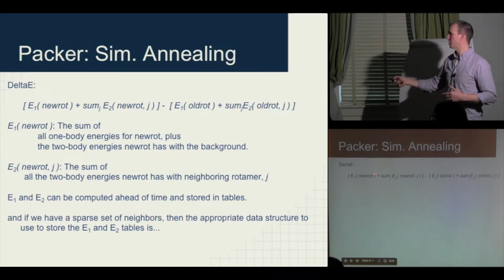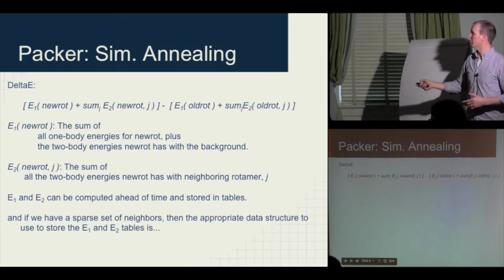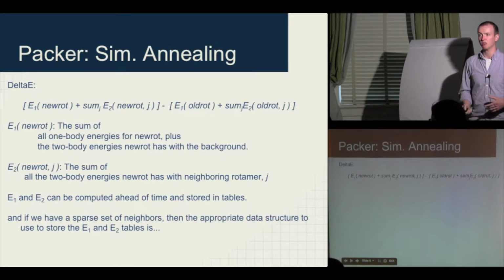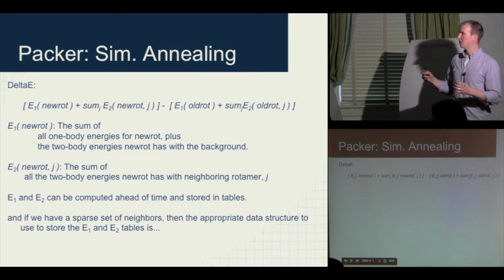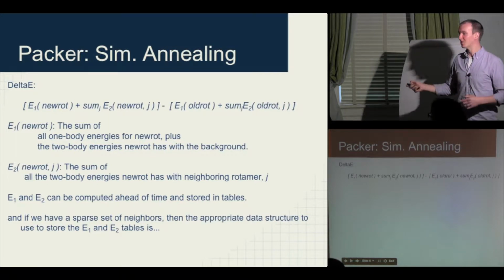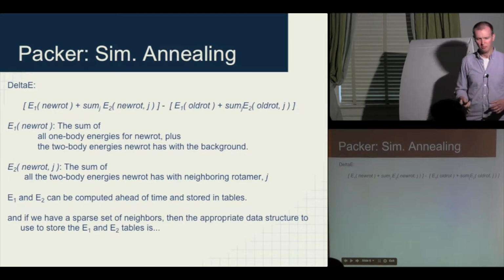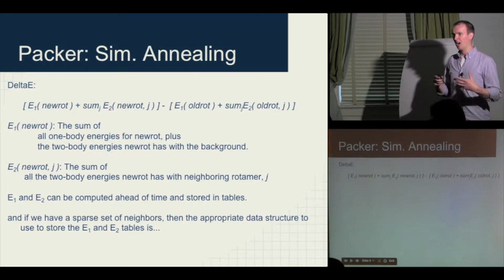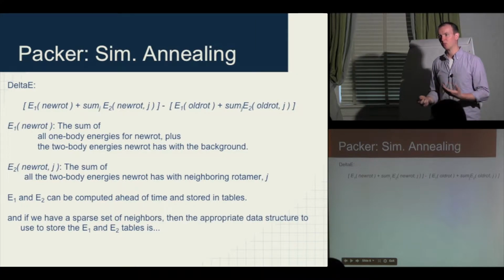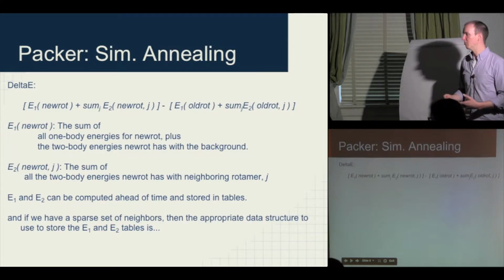What you're left with is just the difference in one-body and two-body energies for the new rotamer against the one-body and two-body energies for the old rotamer. Make sure I said that in the right order: first is the new rotamer, and the second is the old rotamer. And as I said, this is what we spend almost all of our time computing.